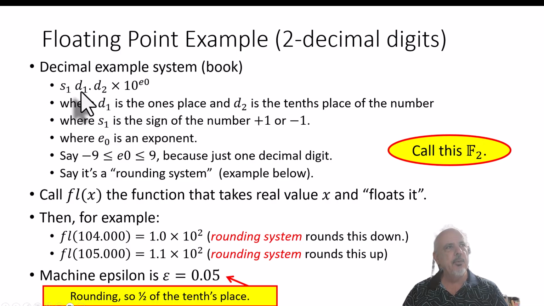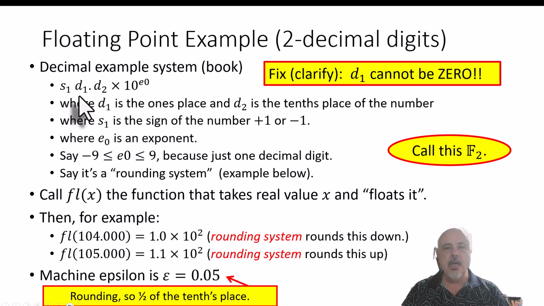So D2 is a decimal digit, and you can have 0 all the way to 9. But D1 cannot be 0, so it's going to be 1 through 9. I wanted to make sure that I clarified that with you. And then S1 is going to be the sign of the number, either +1 or -1. And then E0 is an exponent, and it can go from -9 all the way to +9.